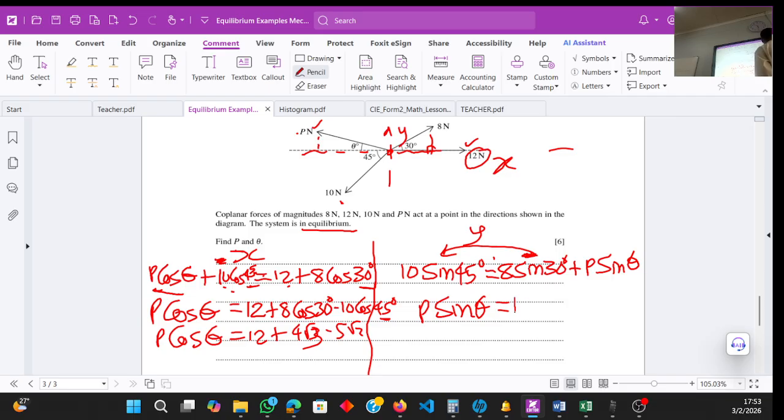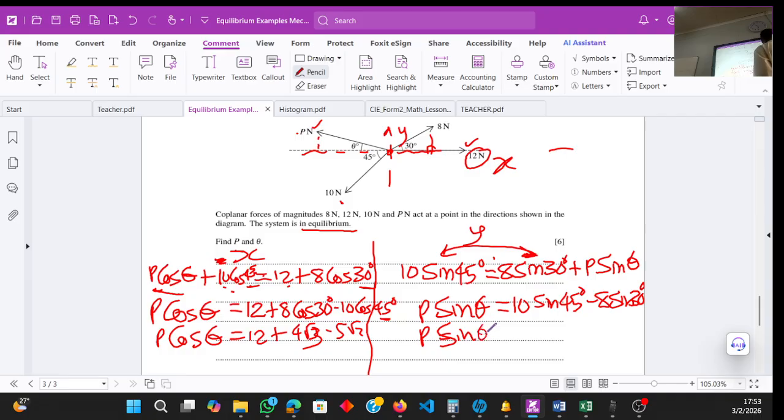So on the right hand side, nothing changes, which is now currently the left hand side. We have 10 sine 45 degrees. So the one that we move will change the sign to 8 sine 30 degrees. So let me try to simplify because I can see special angles there.